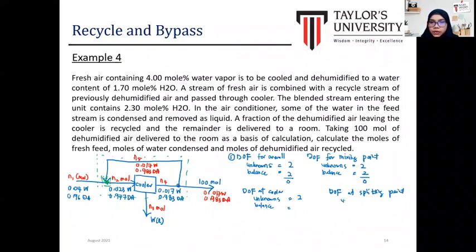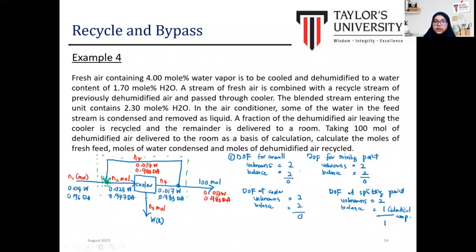So how many unknowns? N4 and N5. So we have 2 unknowns. And then balances, we have only 1. Okay, why? Because we have identical composition in these three streams, so it turns to 1 only. So we can solve, okay, the cooler here.